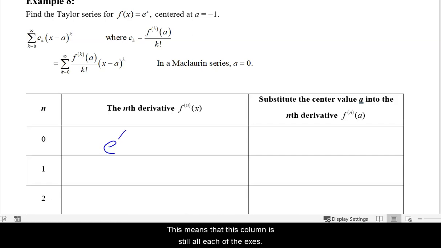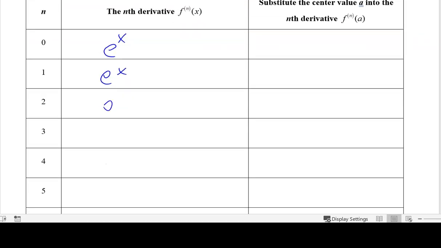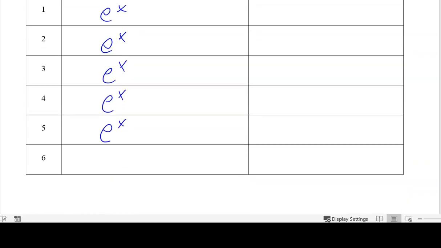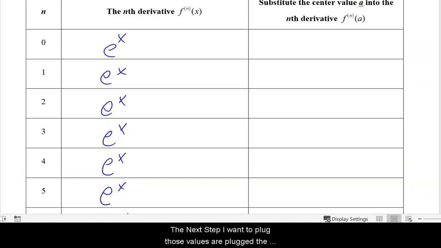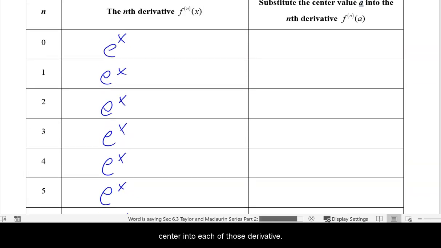This means that this column is still all e to the x's. In the next step, I want to plug the center into each of those derivatives.